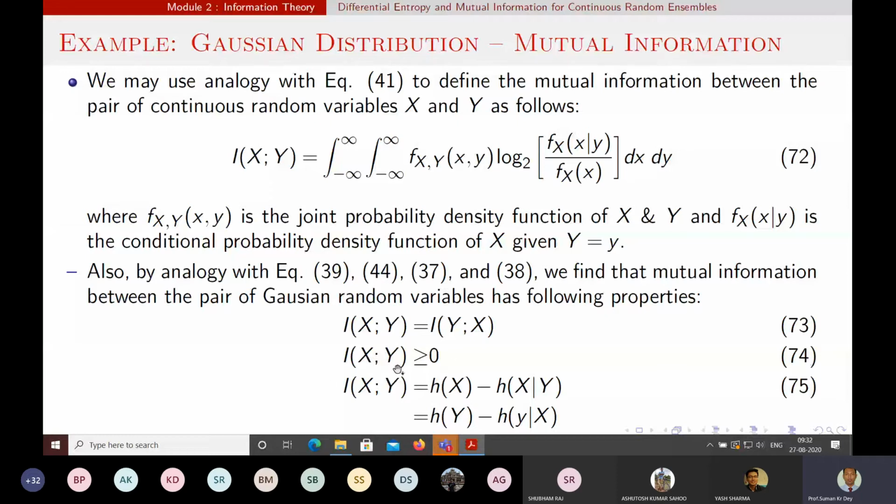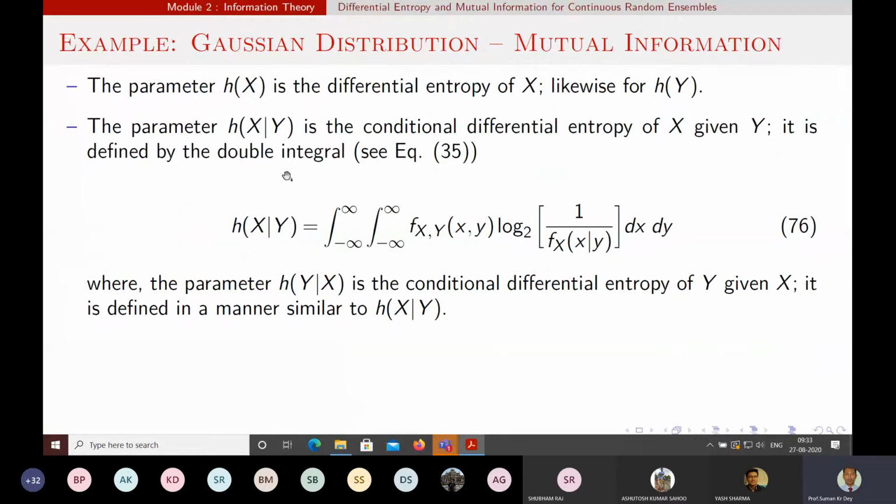Mutual information is equal to h of x minus h of x given y, and also equal to h of y minus h of y given x. Okay, so this property was already discussed.